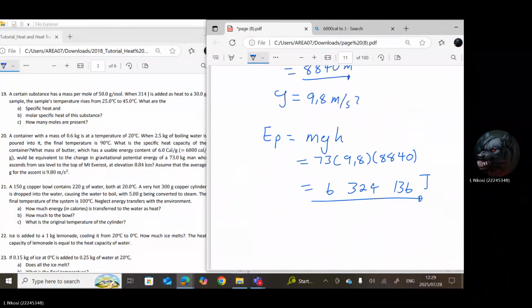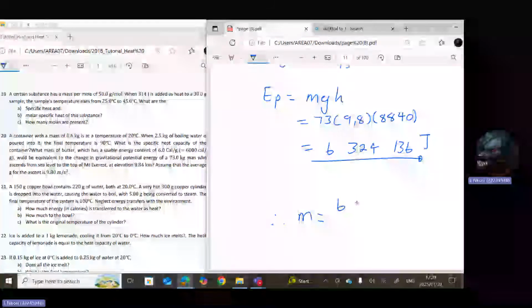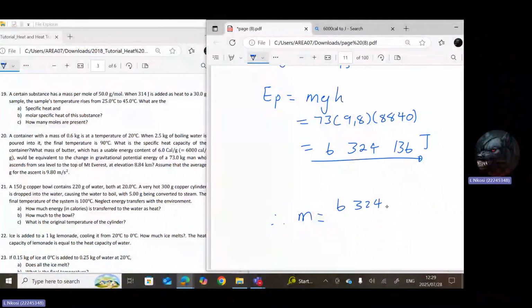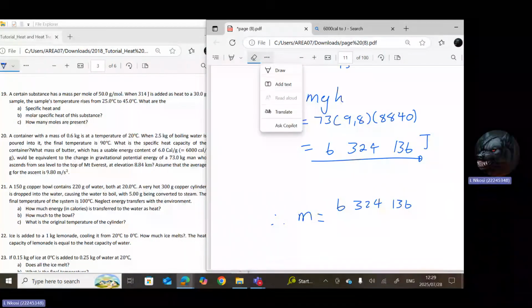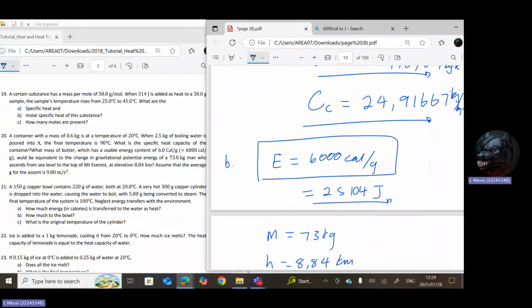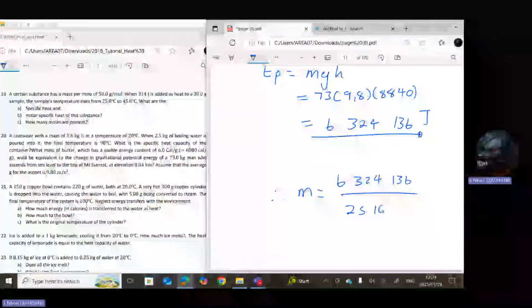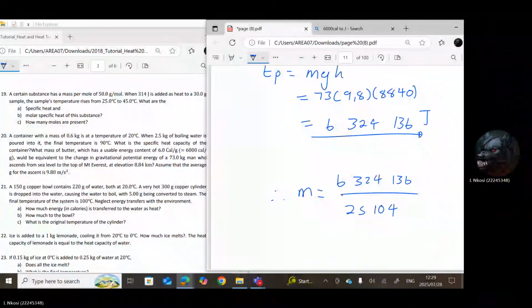Therefore, the mass would be 6,324,136 over 25,104 joules.